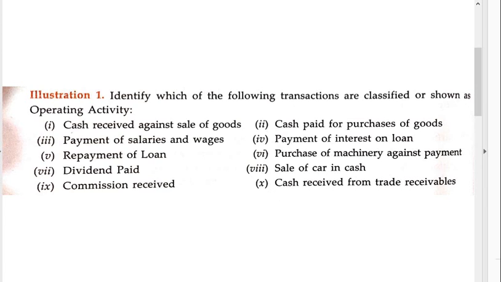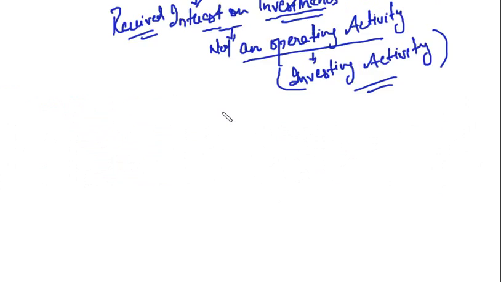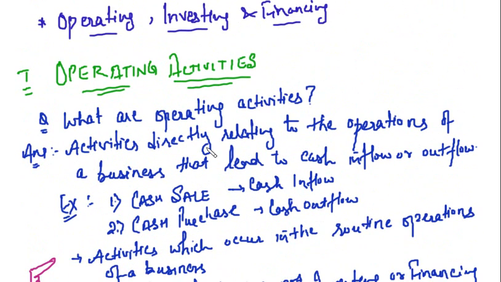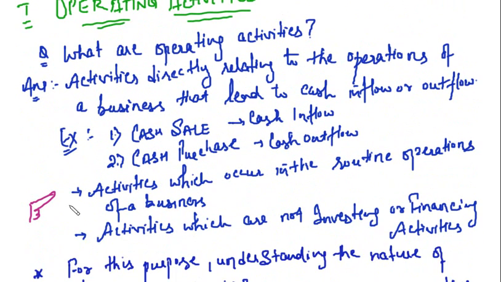So this was one simple question on this. I hope you are clear with this, what is an operating activity? What are the operating activities? Just remember this one simple point for exam purpose: activities relating to the routine operations of the business that lead to cash inflow or outflow. This is very important. The activity should lead to cash inflow or cash outflow.